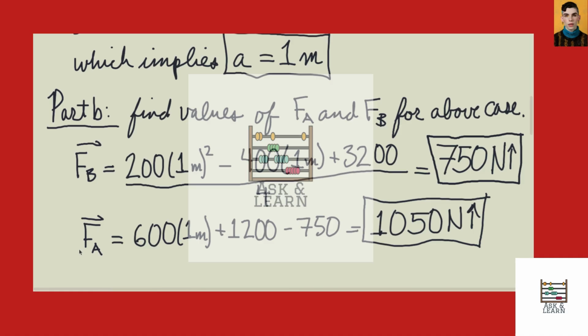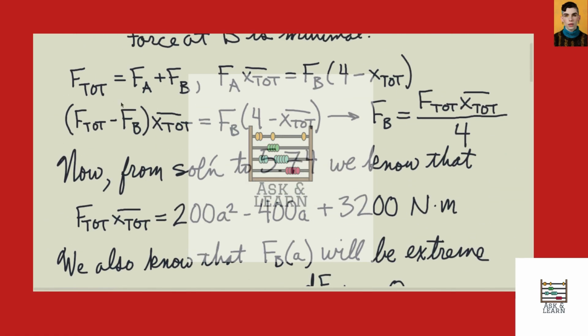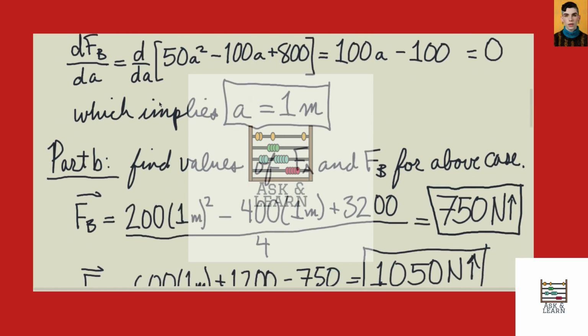Solving for the reaction force at support A, we note our first relationship here, F total, which we have already solved for numerically, is equal to the sum of the reaction forces. So to find F sub A, all we have to do is take our F total and subtract F sub B from both sides.